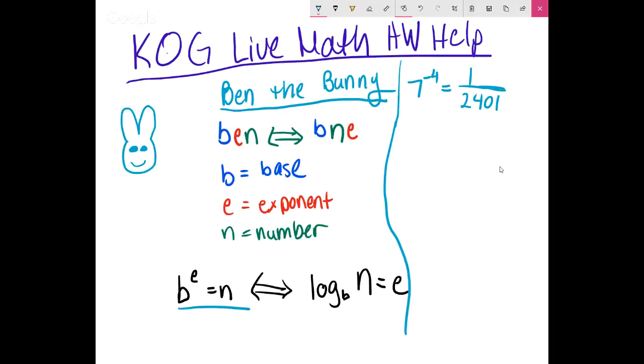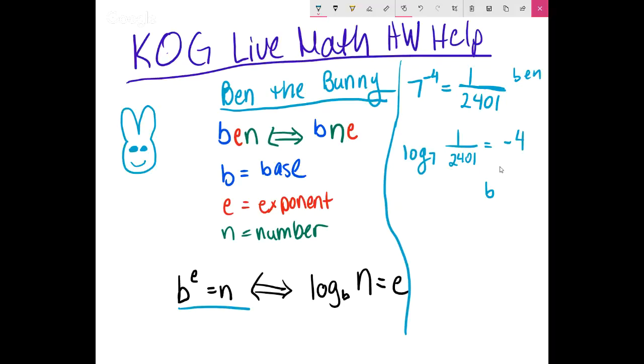Okay, cool. That's in Ben form. We want to write it in log form or bunny form. So we got the log, the base is 7. The number is 1 over 2401, and the exponent is negative 4.